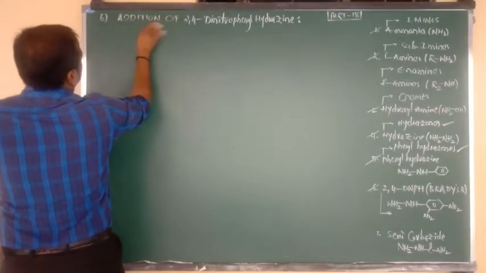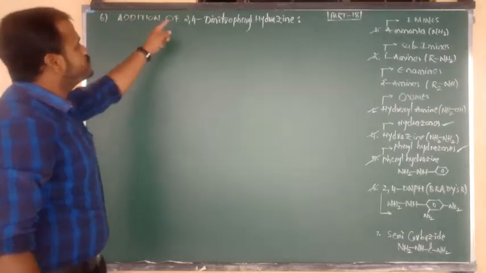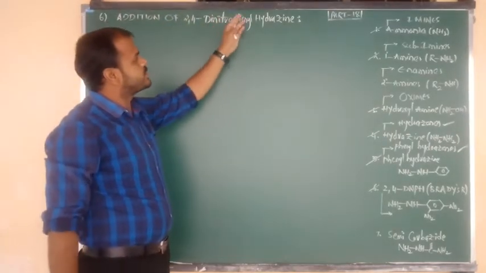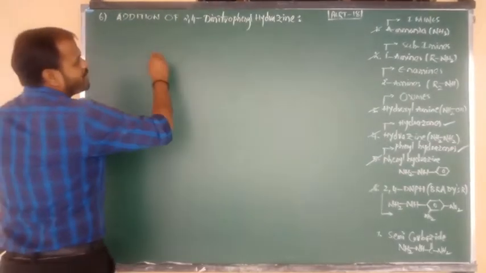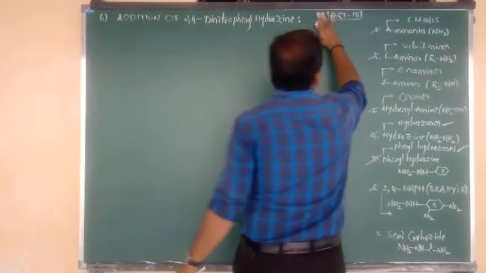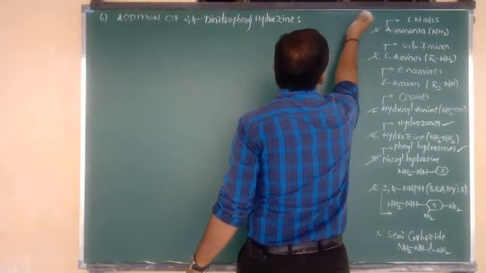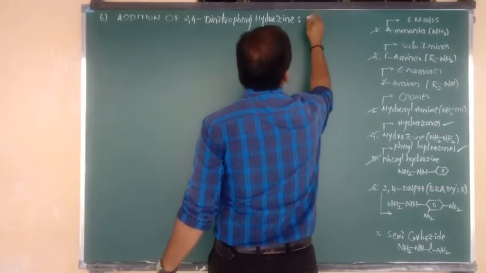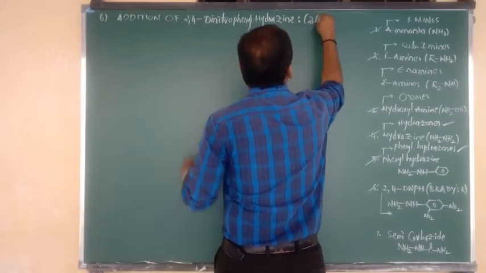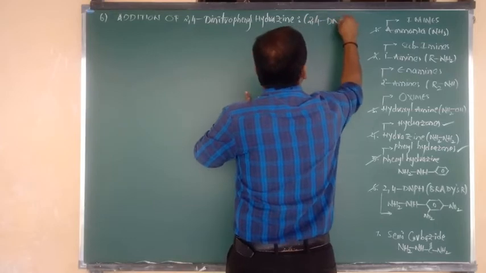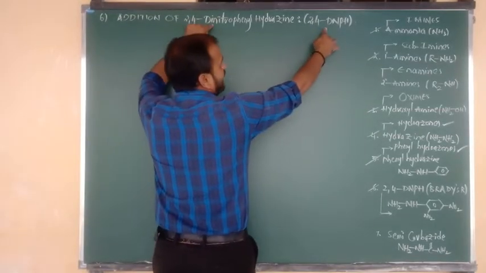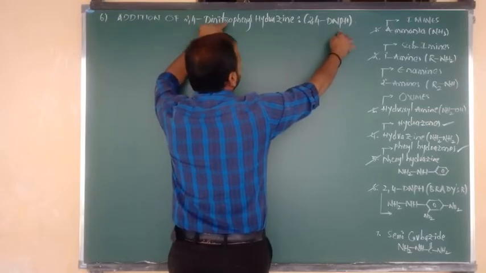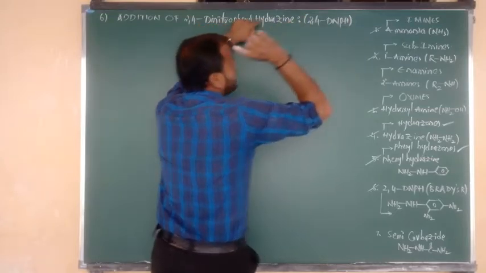So we have to say addition of 2,4-dinitrophenyl hydrazine, and its short form is 2,4-DNPH. D for di, N for nitro, P for phenyl, H for hydrazine.